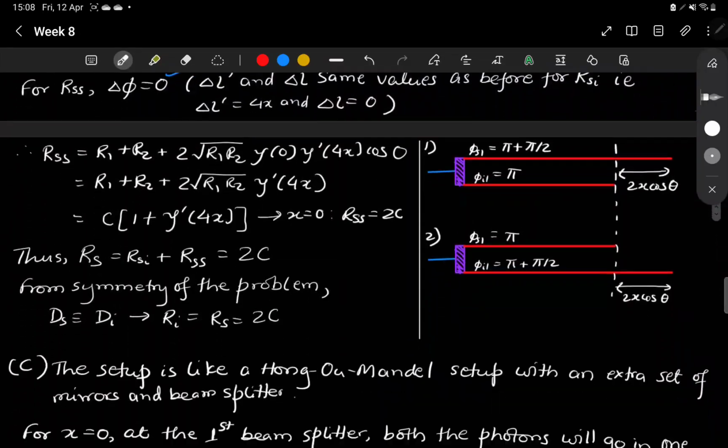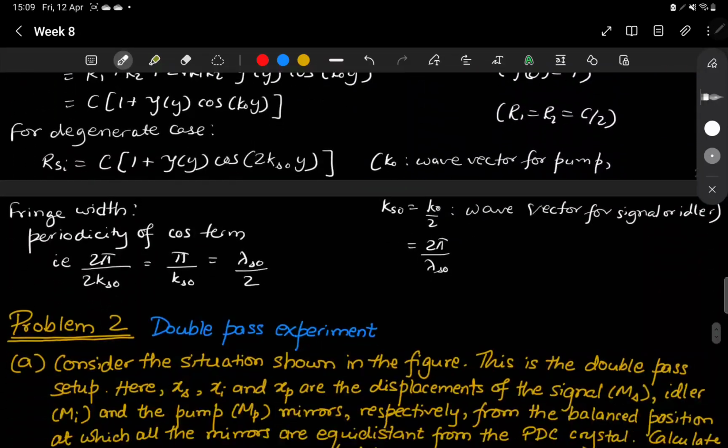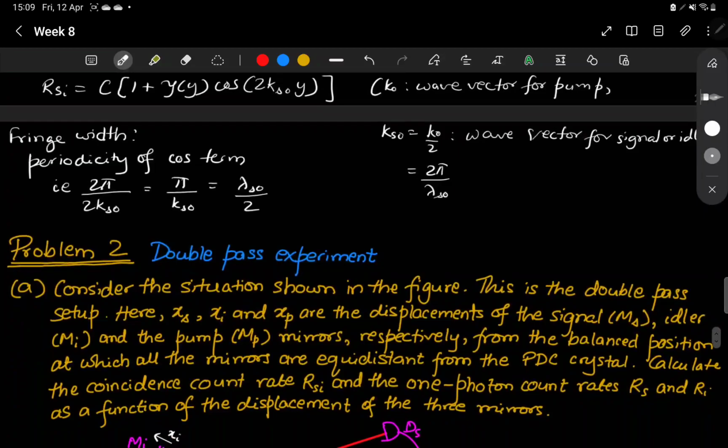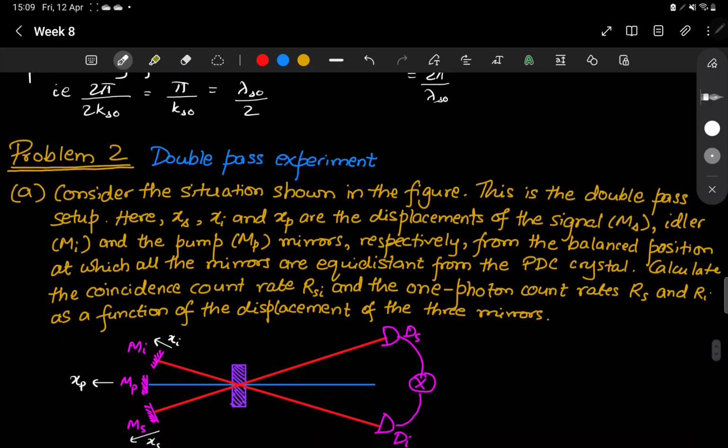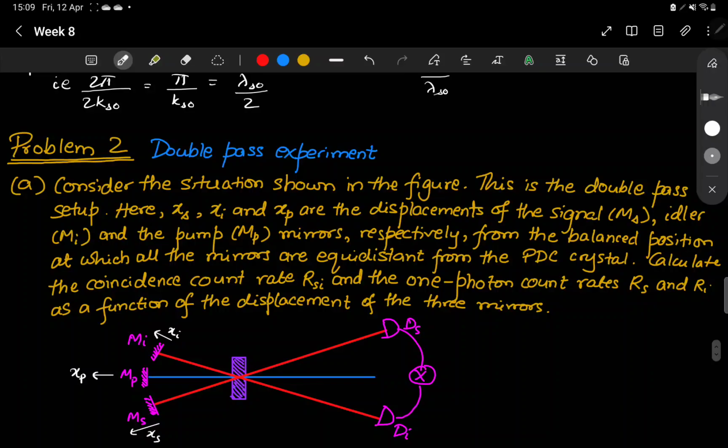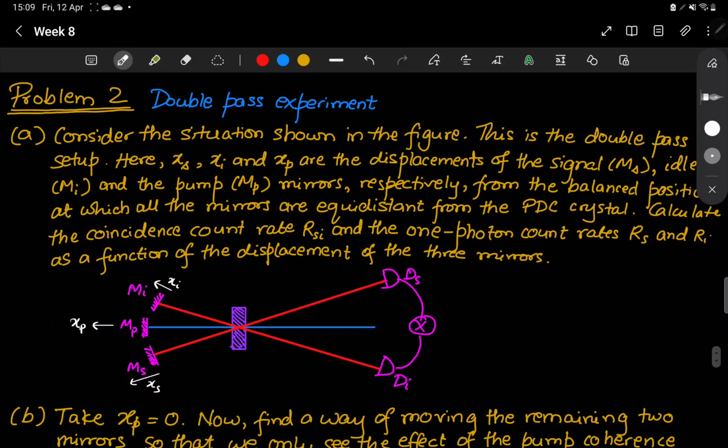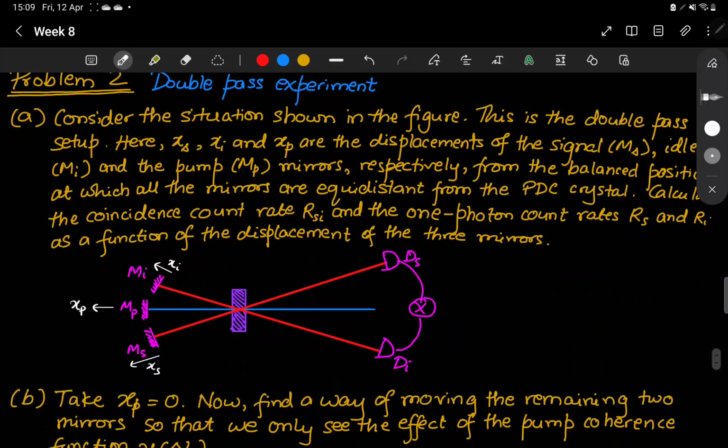Now we can move to problem 2, which is on the double pass experiment. So let me read the problem.